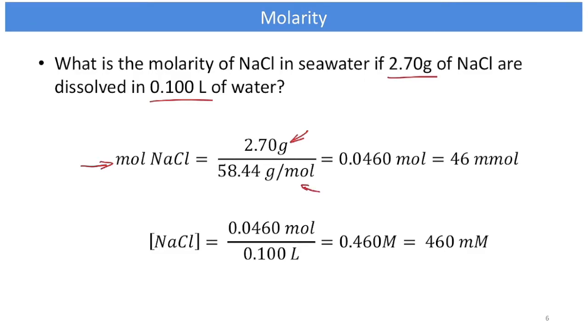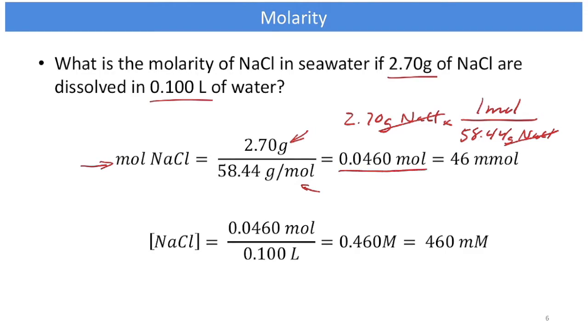You could also write it as 2.70 grams of NaCl times 58.44 grams of NaCl per 1 mole. Okay, and then in this case you can see that the grams of sodium chloride cancel, and we still end up with 0.046 moles, but that could also be written as 46 millimoles.